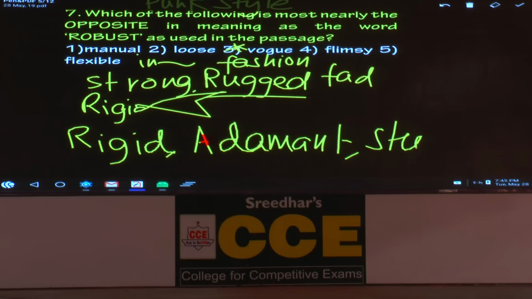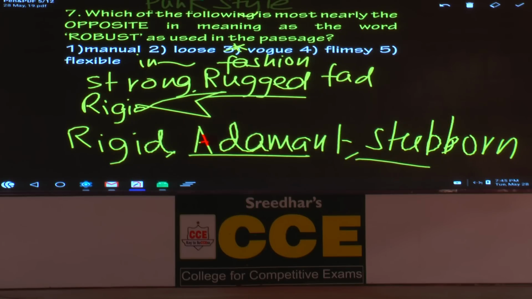Then you write the word stubborn. Usually adamant and stubborn, these two words go with kids. Kids are adamant, kids are stubborn. Sometimes our students also, they are stubborn. We tell them to occupy the front benches, they insist on occupying the back benches. Then what is the word we use? Stubborn. You got the meaning?